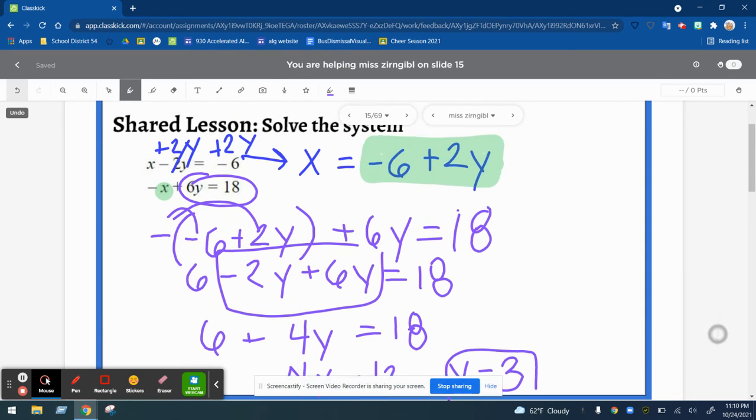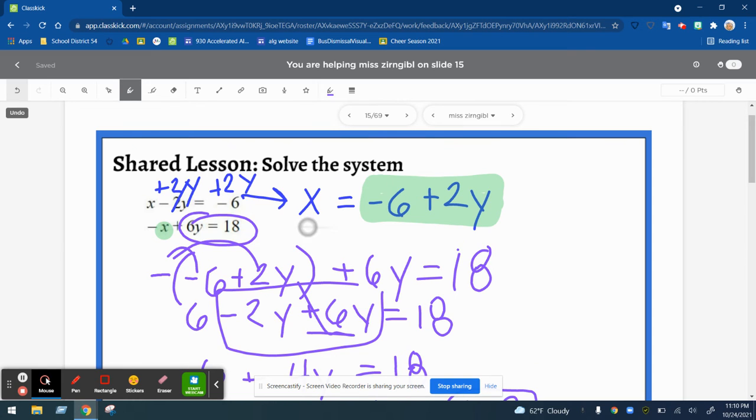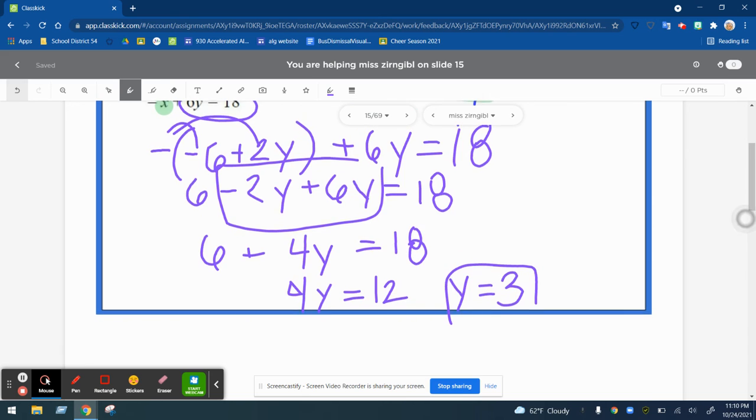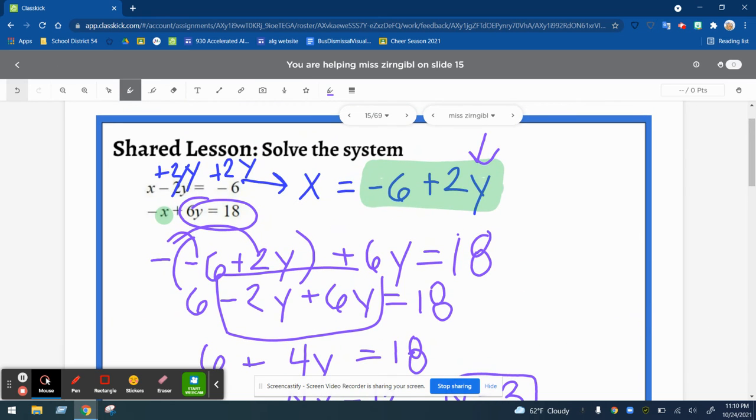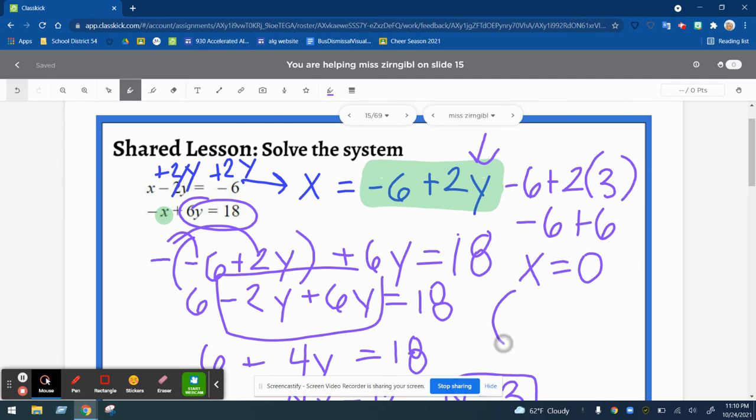So now I know that y equals 3. I'm going to go up here to where I have what x is equal to, and I'm going to substitute in 3 for y. So x equals negative 6 plus 2 times 3. And we get x equals 0. So our coordinate is (0, 3).